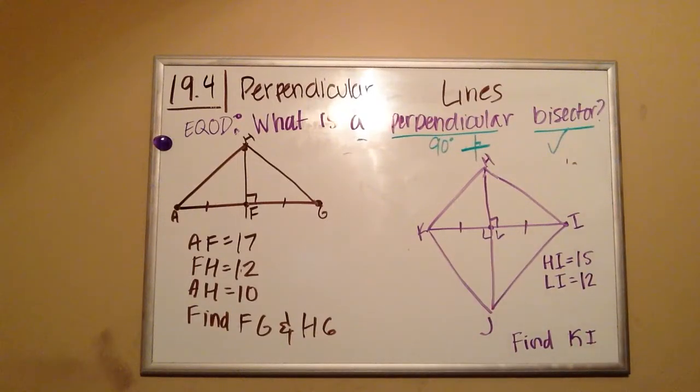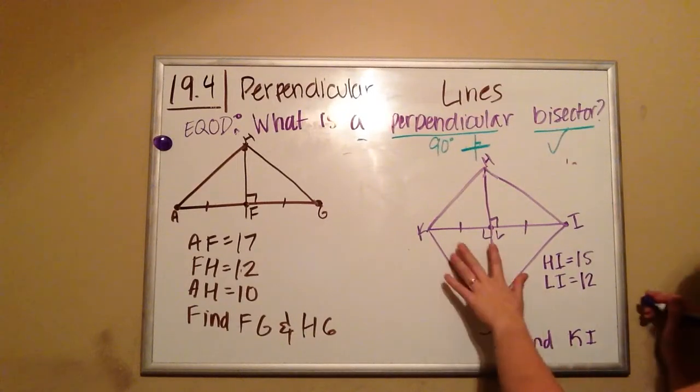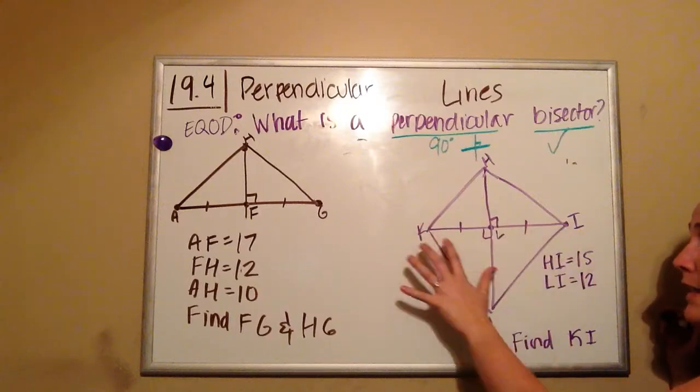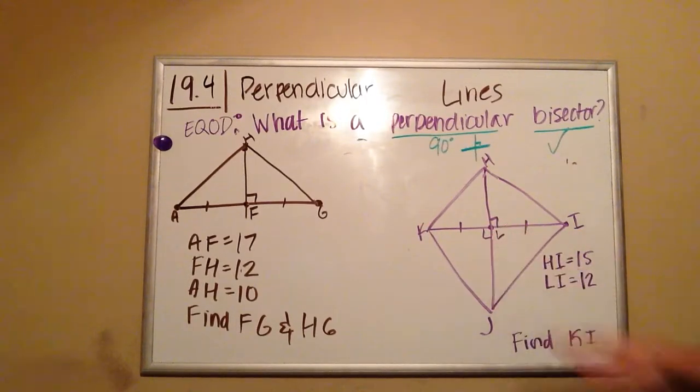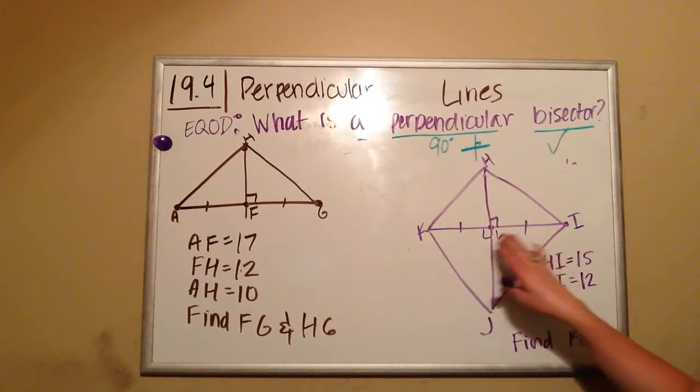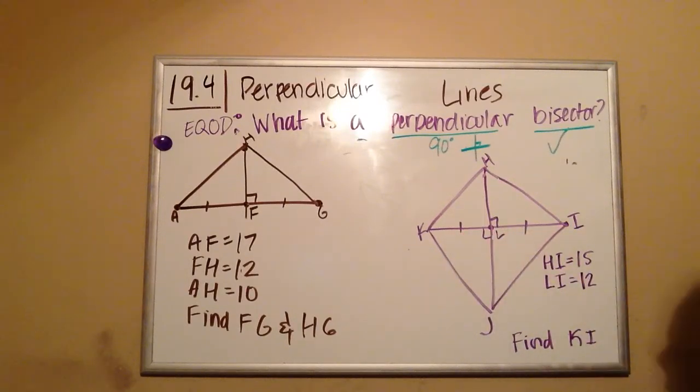Okay, so this last one here, you're given a segment with a perpendicular bisector. So notice that it's perpendicular because there's that 90-degree angle, and it is a bisector because both sides of it are congruent. And you're given a couple lengths of a couple legs.